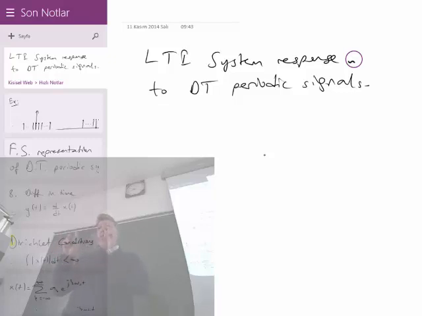We evaluate the Fourier series coefficients, harmonics, and we draw them on the frequency axis. And I have to give you H of omega, which is the filter. For example, in the example question, it was a cosine 3 omega, H of omega. So I need to give you H of omega, and then they are just scaled, multiplied by the corresponding frequency magnitudes of the filter. The outputs will have those multiplied or scaled Fourier series coefficients.